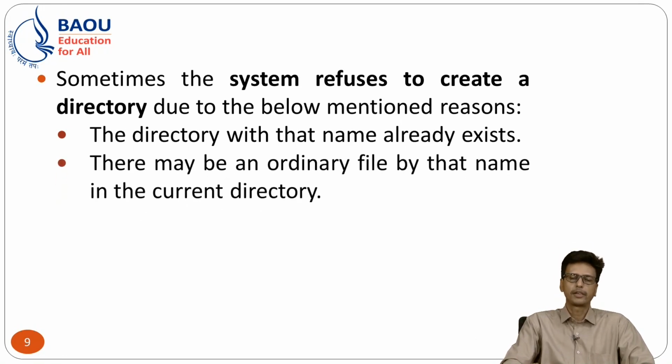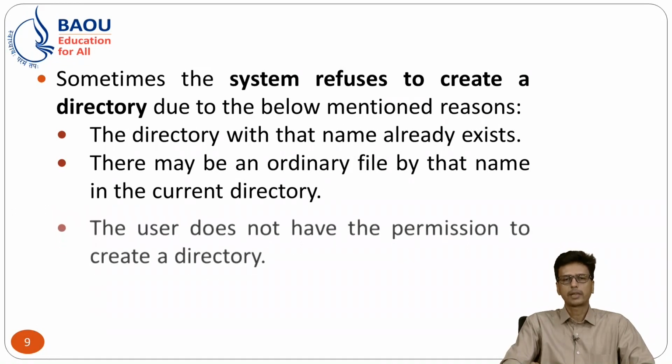In the second scenario, you are trying to create a directory but the name of the directory is already used by a file in the same directory. In that case you cannot create that directory, right? That is the second scenario.